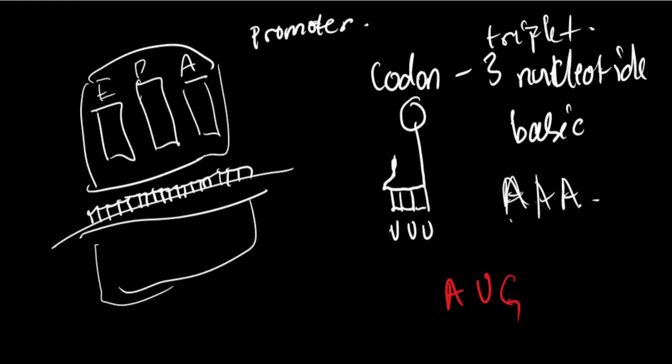When it reads AUG, the transfer RNA which holds methionine, with the anticodon UAC, sits at the aminoacyl site and pairs with AUG on this spot. So we would have methionine.